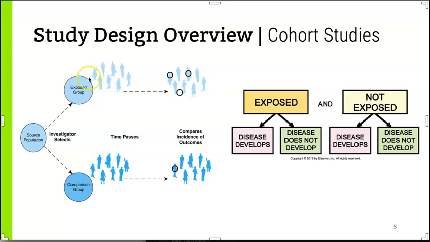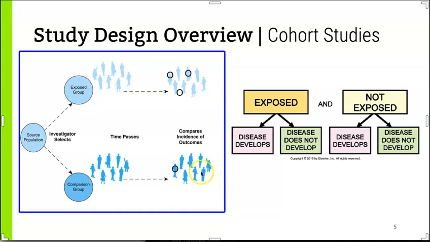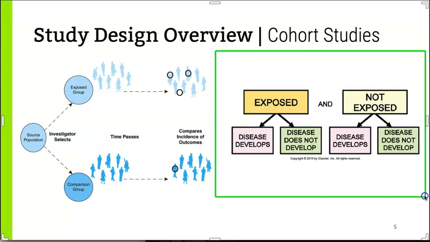Okay, so on this slide there are two diagrams pictured, as you can see. The one on the left is actually from another epidemiology textbook, so you don't have access to this in your textbook. The one that you have, which you should be familiar with, is the one on the right.